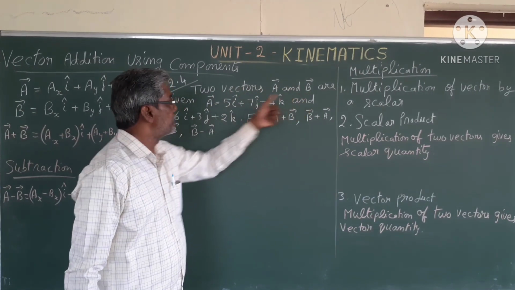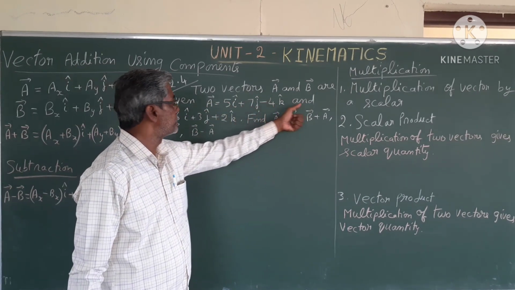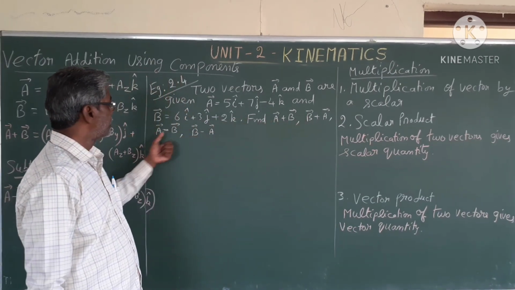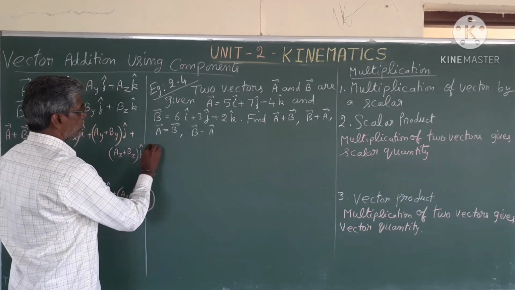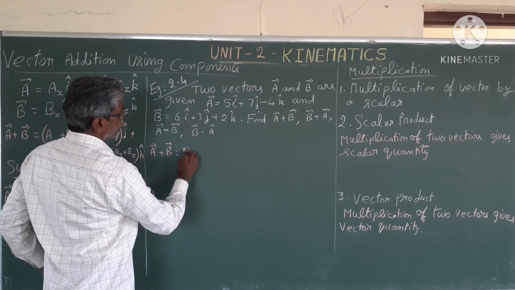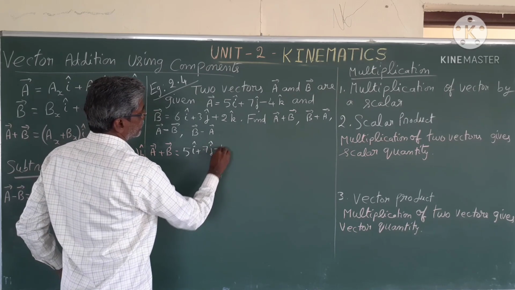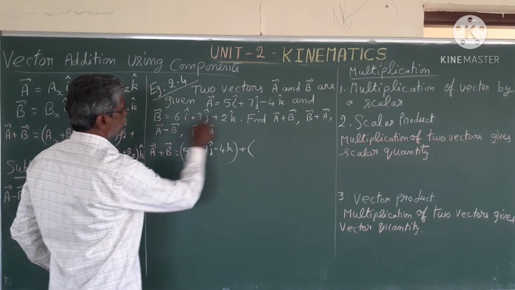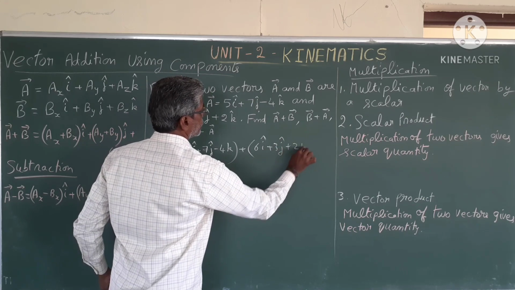Two vectors A and B are given. A vector is equal to 5i plus 7j minus 4k cap, and B is equal to 6i plus 3j plus 2k. Find A plus B, B plus A, A minus B, and B minus A. Now first we will find out A vector plus B vector. We write A vector 5i plus 7j minus 4k plus B vector 6i plus 3j plus 2k.